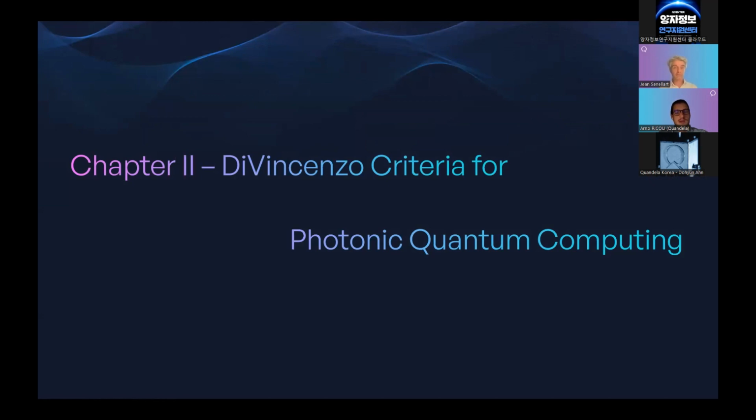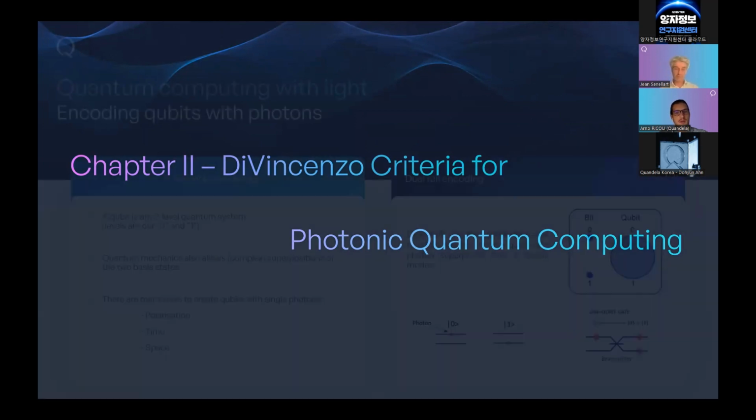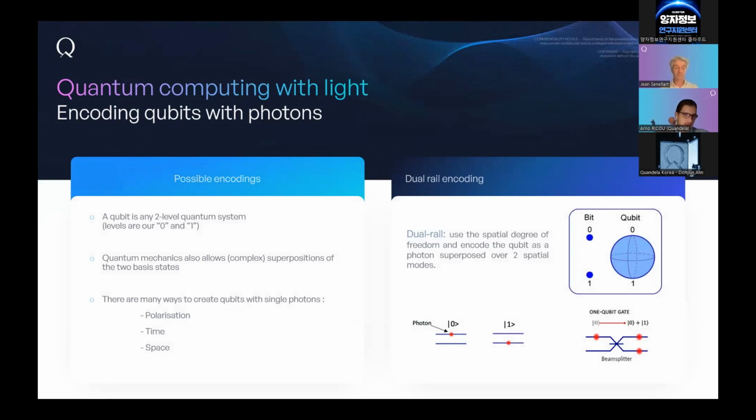Let's see how each DiVincenzo criterion is fulfilled in a bit more detail. First of all, with discrete variable, with single photons, we have several ways to encode the qubit. As a reminder, a qubit is a two-level quantum system. It's the analogy of a bit in quantum computation. It allows us, and that's why quantum computation is so strong, to have complex superpositions of two basis states.